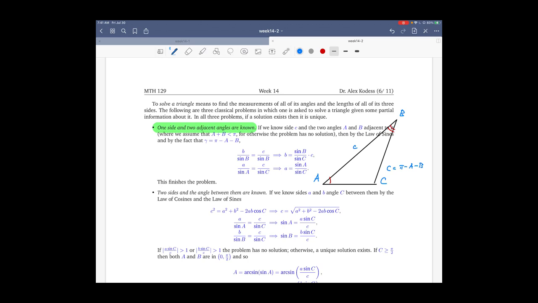And to find the sides AC and BC, we use the law of sines. For example, B divided by sine B equals C divided by sine C, because both quotients are equal to the diameter of the circumcircle.